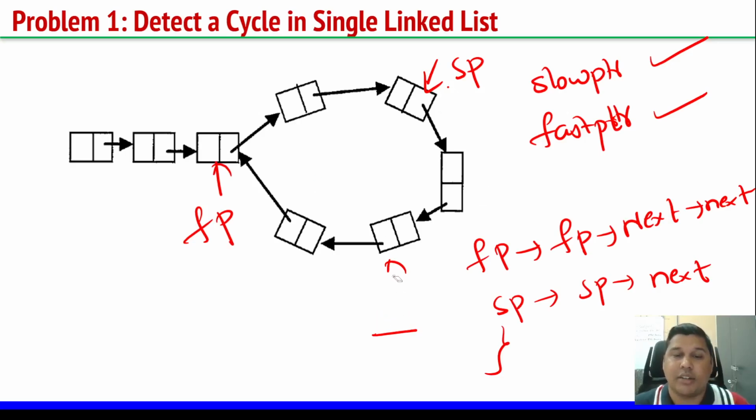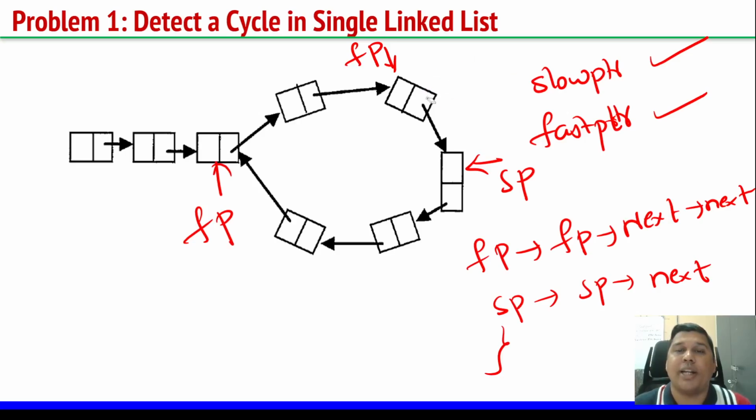This is also gone, right? Again the next iteration, your FP will come here, and your SP will come here. Here is your slow pointer now and here is your fast pointer. After this, next iteration, where will your FP come? Your FP will come here and your SP also will come here.